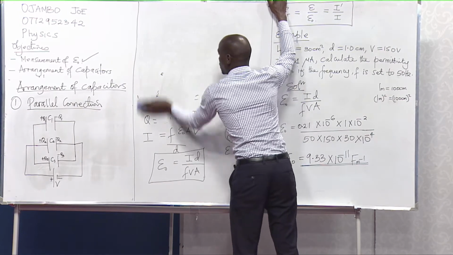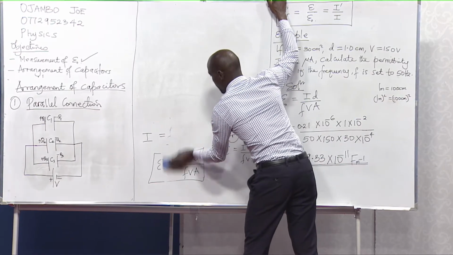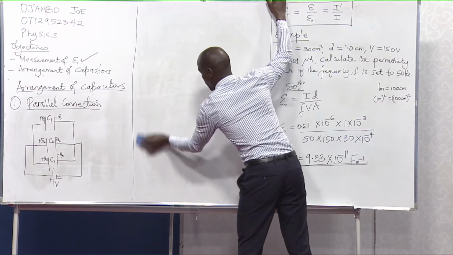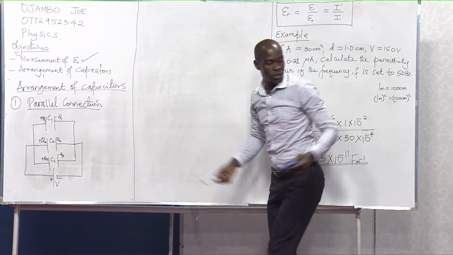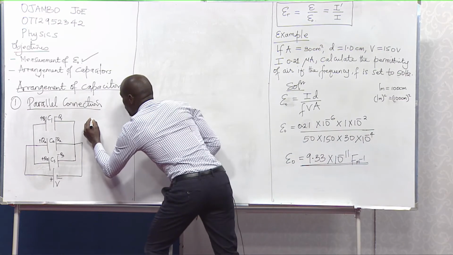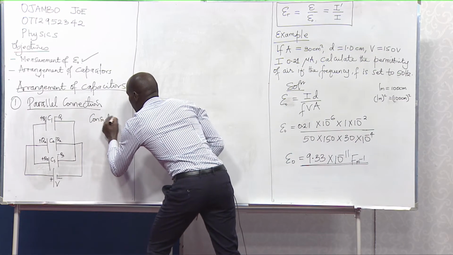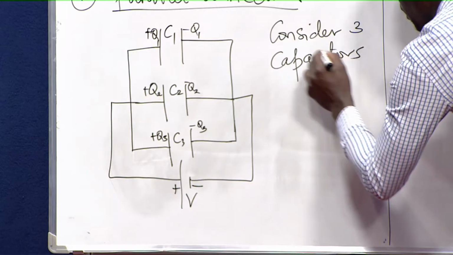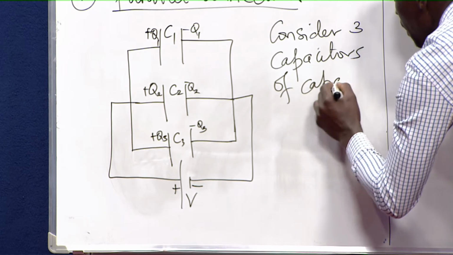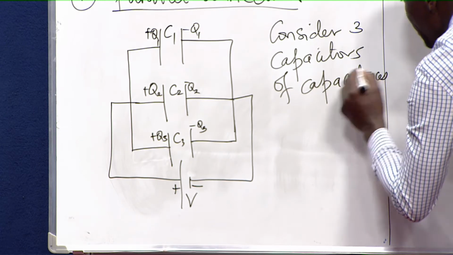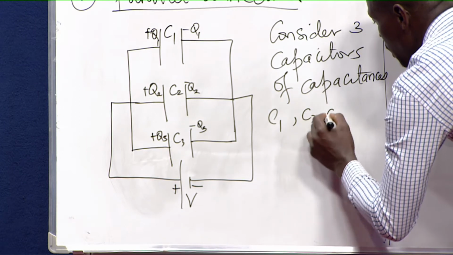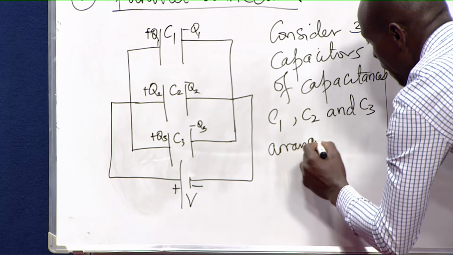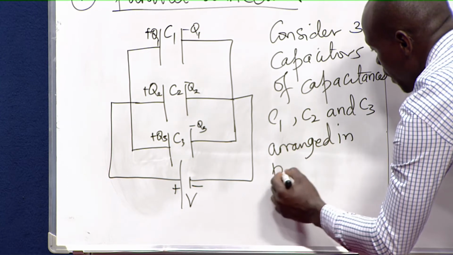So that means we are going to start from that point and say that total charge, so we can say, consider, I can write on the side, consider 3 capacitors of capacitances C1, C2, and C3 arranged in parallel.